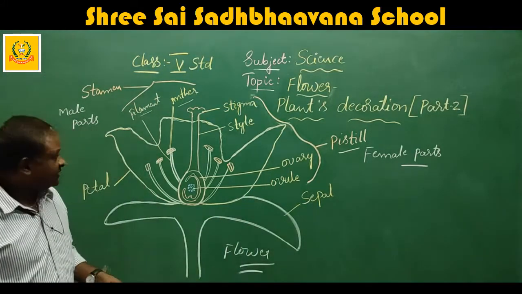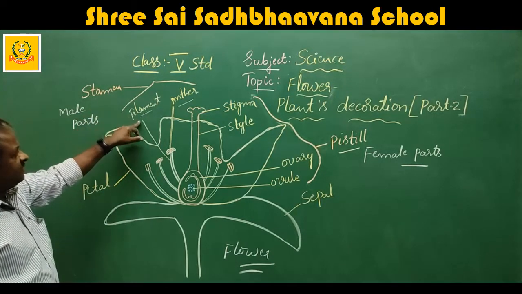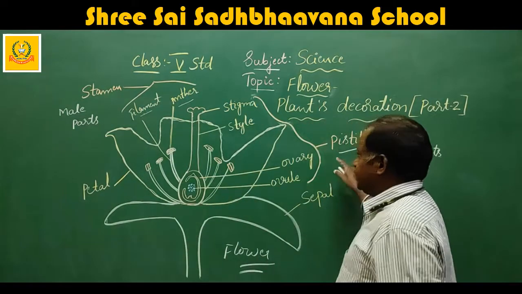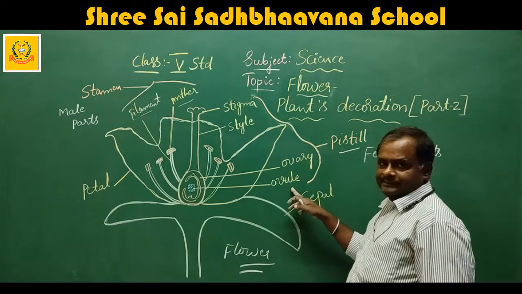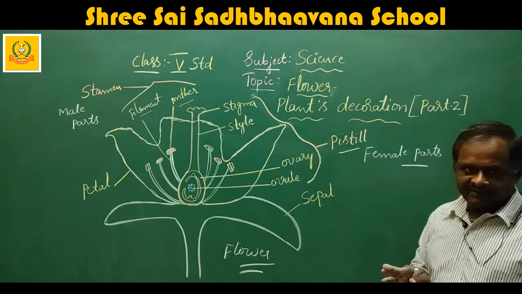Now once again I will explain. The male parts are the stamen, that is, filament and anther. The female parts are the pistil. They include stigma, style, ovary, ovule. In higher classes you will understand these in depth. Now they have given a very brief introduction to the male and female parts of the flower.